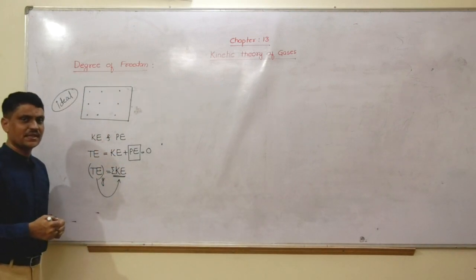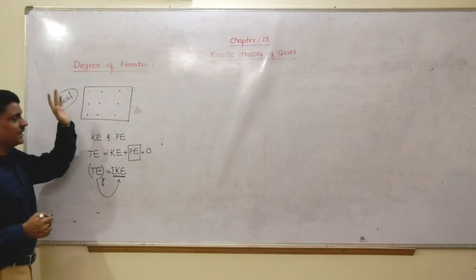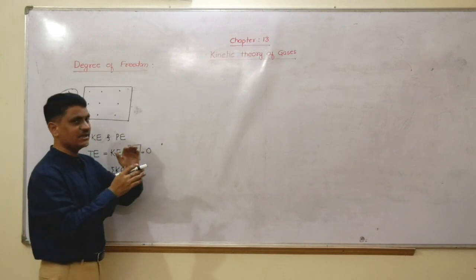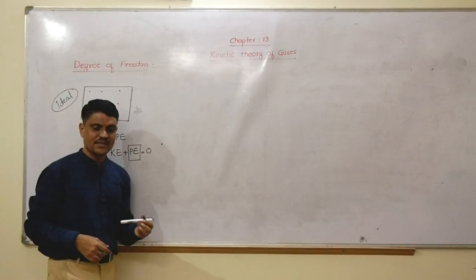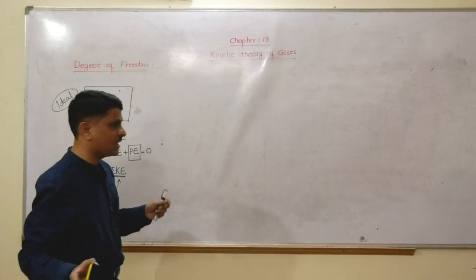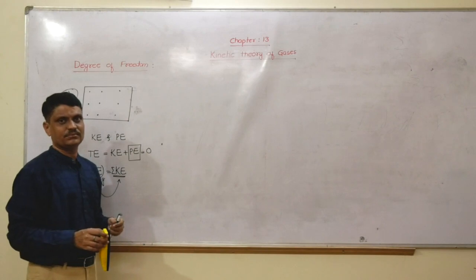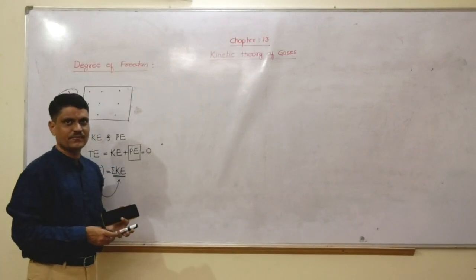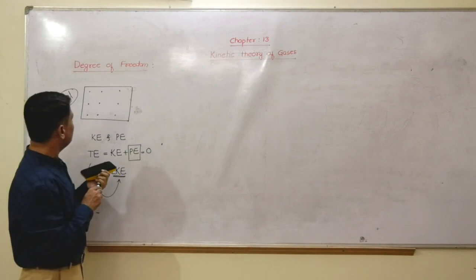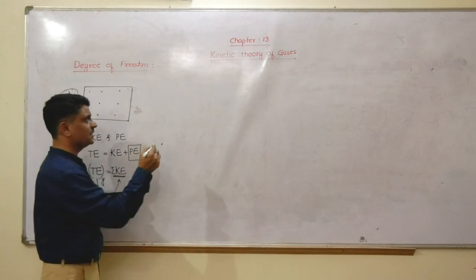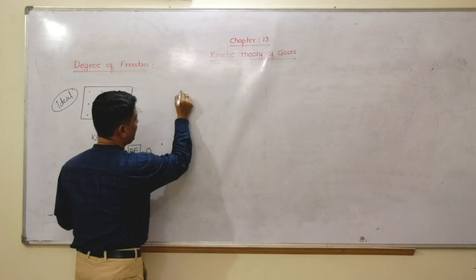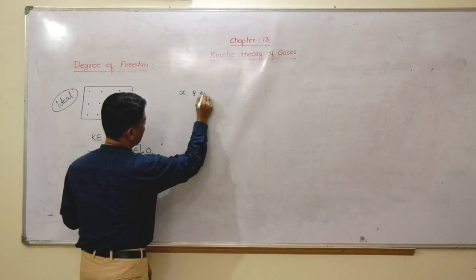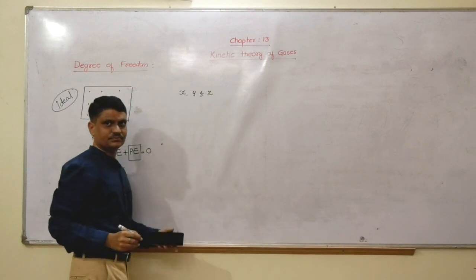See, next, whenever we look at an atom in space, because gas means we have taken a container, the container has 3 degrees of freedom: x-axis, y-axis and z-axis. So whenever a molecule is moving, it can move along the x-axis, y-axis and z-axis.